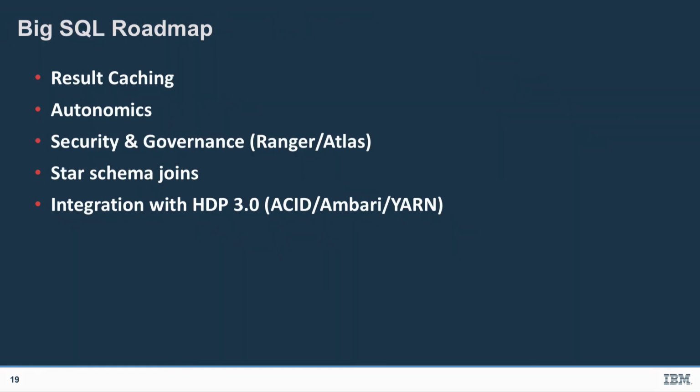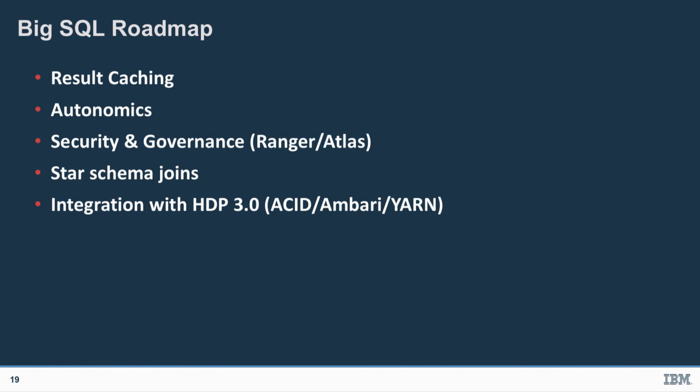For those that are interested in Big SQL specifically, a few items in our roadmap. We are looking into improving caching beyond what we have today with result caching. We have to look into autonomics. This is huge. This is very important, so we're going to look into that. Big SQL is integrated with Ranger and Atlas for governance, but only in resource-based policies.